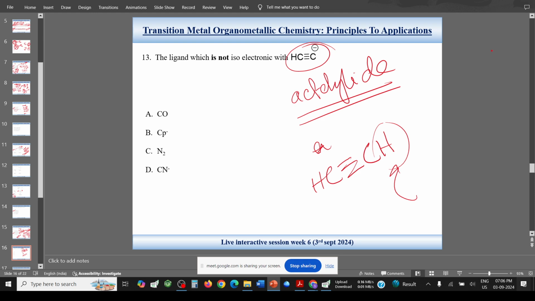The question is which is not isoelectronic with this. Isoelectronic is very simple, just count the total number of electrons for each molecule. Cp minus.